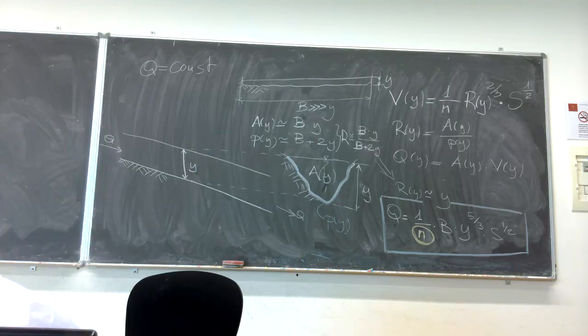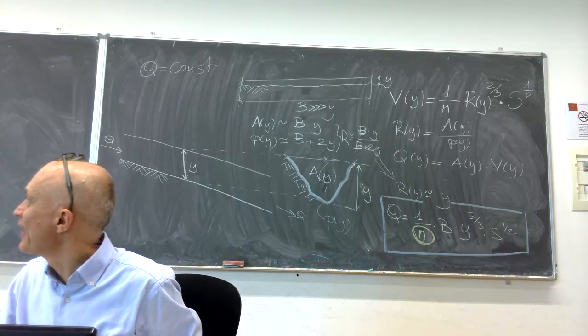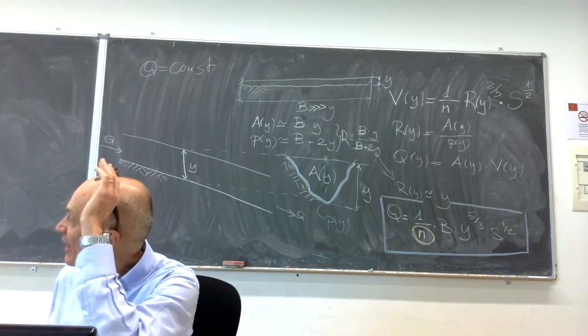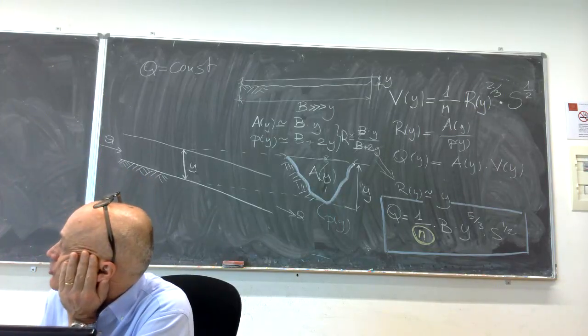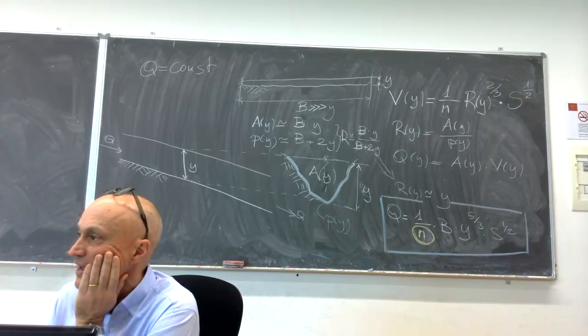So, let's consider a clean torrent. We saw before that the n value for very straight, very clean, no deep pools could be 0.03. 0.025 was the minimum.